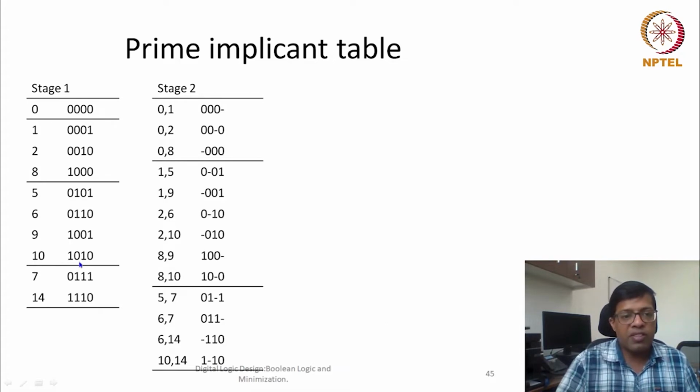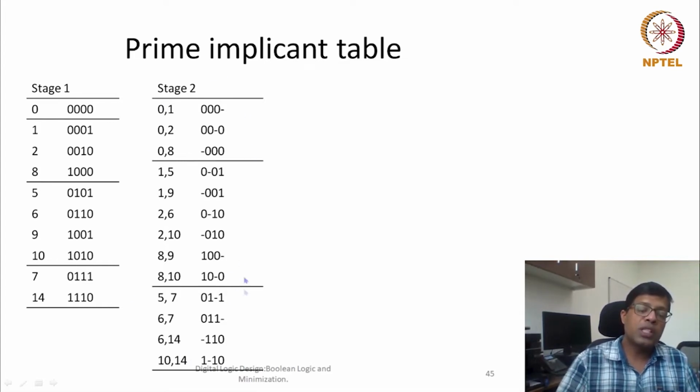If I compare 5 and 7, 0 1 0 1 and 0 1 1 1, you see only this particular variable is different here, otherwise all other variables are the same. So 5 and 7 could be grouped, and we can write it as 0 1 dash 1. And similarly 6 and 7 could be combined, 6 and 14 could be combined, and 10 and 12 could be combined.